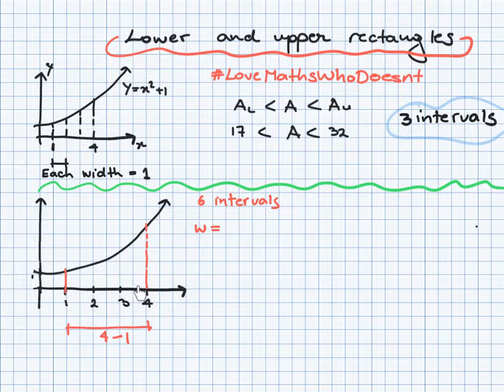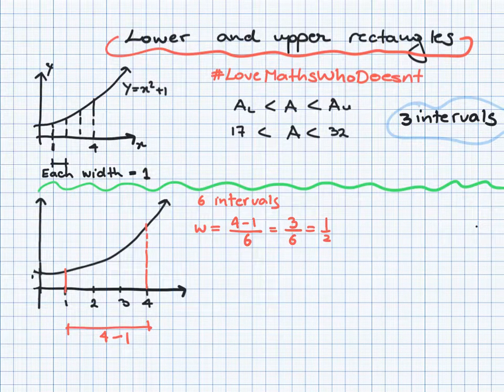We can see it's 3, but as I said before, sometimes it's easier just to use the numbers that are given. So 4 take away 1, and then over how many sub-intervals we want. We want 6. So 4 take away 1 is 3, divided by 6 is half.